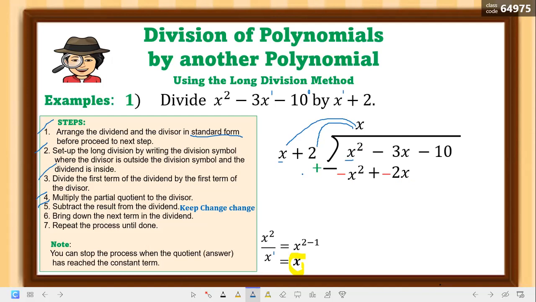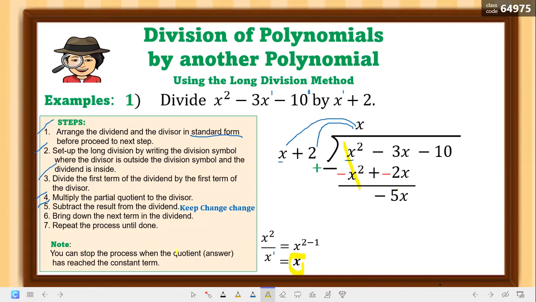What is x squared plus negative x squared? Sige nga, can you give me? 0 po. Okay, cancel na siya. And saan nang galing yung negative 5x? Sa 3x. Yes, negative 3x saka negative 2x. Okay, kaya negative 5x.